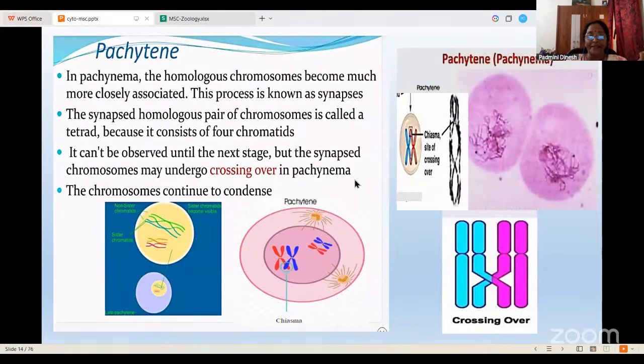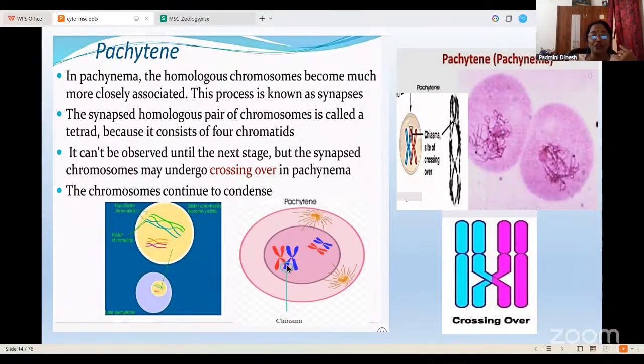Now coming to pachytene. Pachytene is nothing but crossing over, so crossing over is called the pachytene stage. So you can find the chromosomes crossing over. Say, for example, this is a maternal chromosome, that's a paternal chromosome, and there is a crossing over occurring over here. Why? The sharing of information has to occur in the pachytene stage.